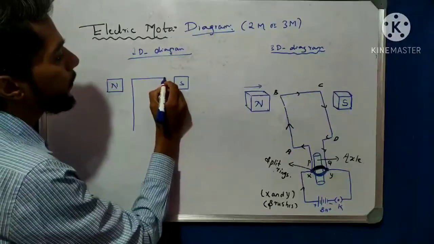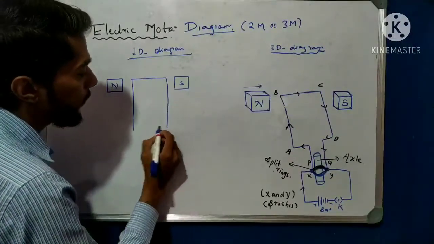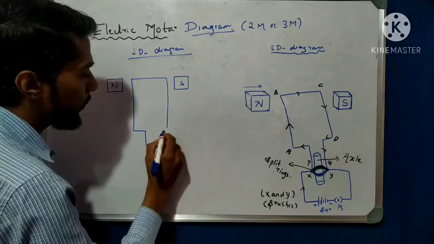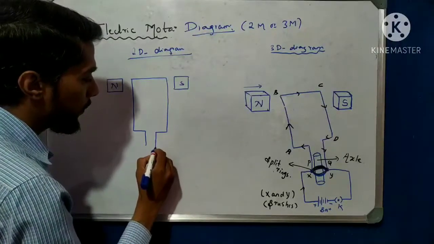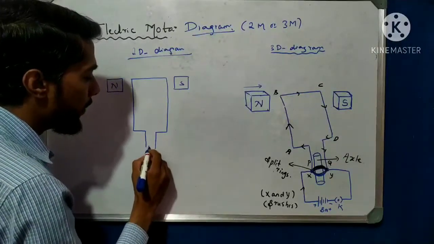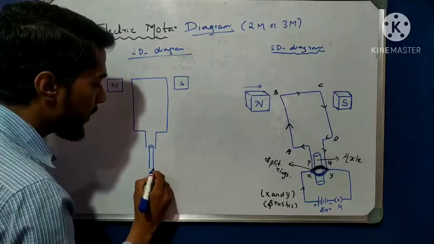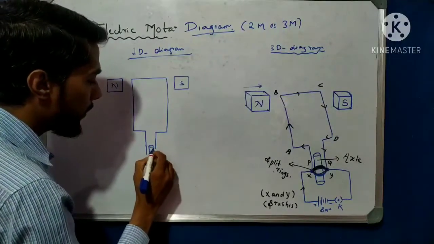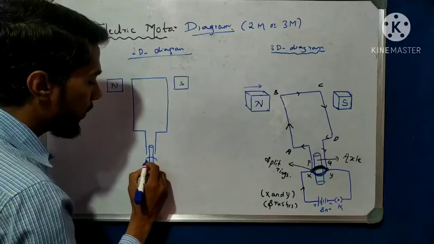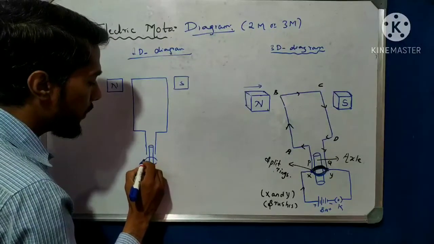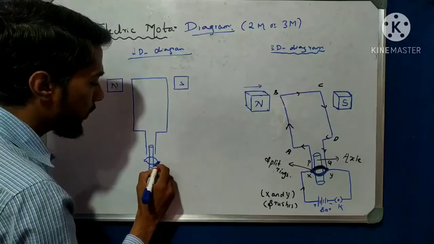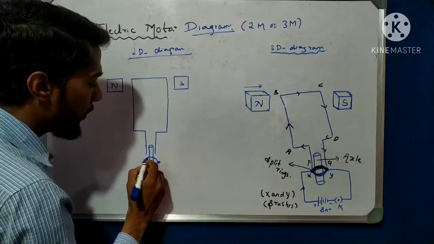Okay, simple one, same process. Then it is a cylinder. Then this is nothing but split rings, right?